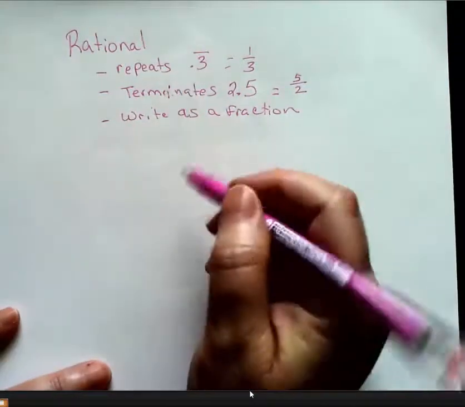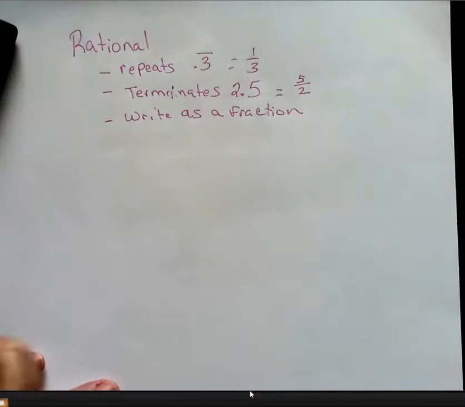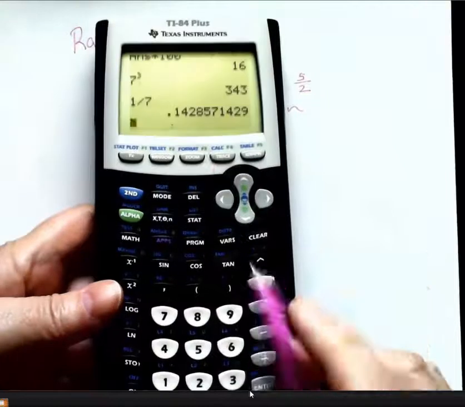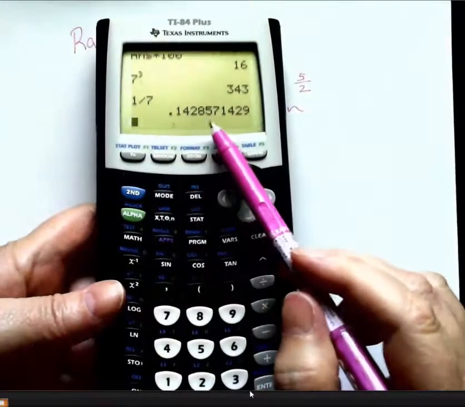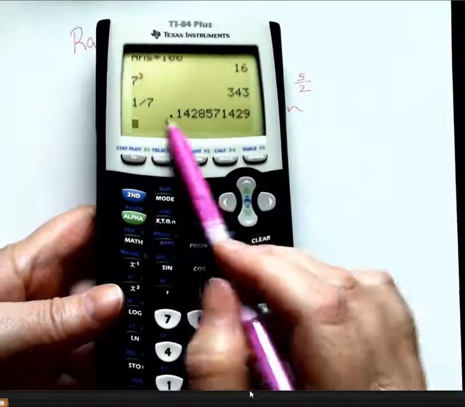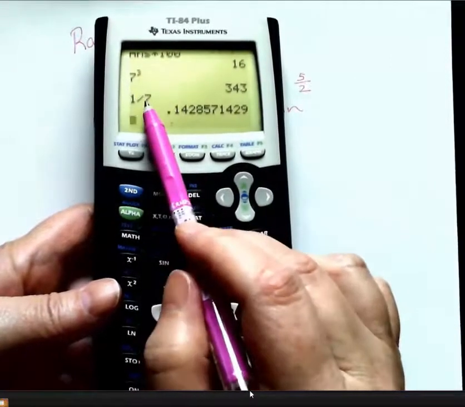Numbers that don't look like they are rational. So if I did this, 0.142857142857, that doesn't look like it's a rational number, but it actually is because it's 1/7.